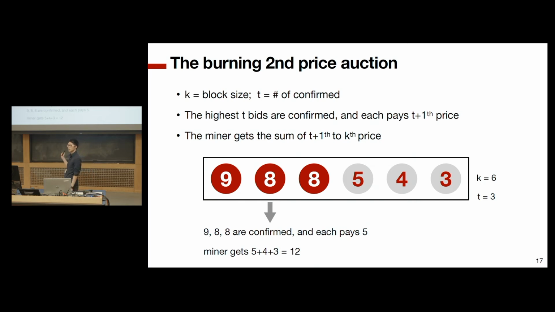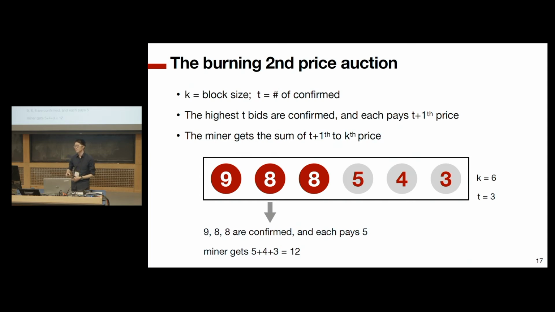Let's use this example. K is 6, T is 3. In this case, the top 3 bids are confirmed, and all of them just need to pay the fourth price, which is $5 in this case. The miner is paid the sum of the 4th to the 6th price.